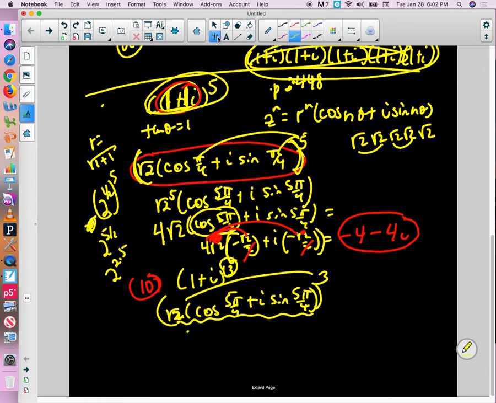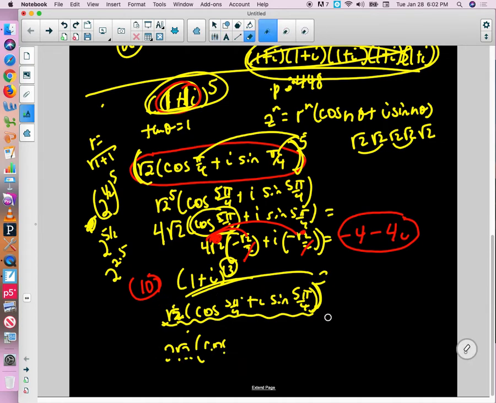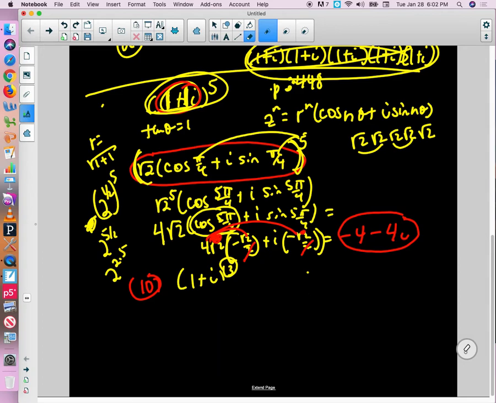Using de Moivre's theorem, you have root 2 to the third power, which is 2 root 2, and then you have cosine of, sorry, I don't want to confuse you. I need to start completely over, because I shouldn't have the 5 in there yet.